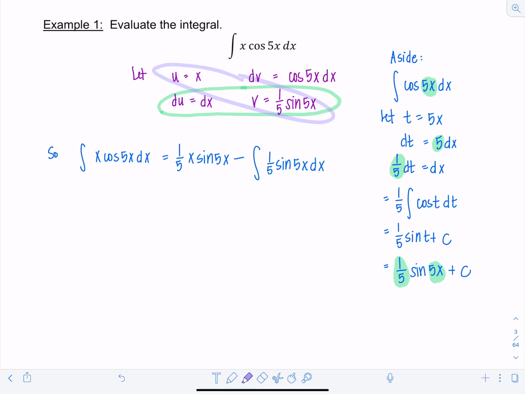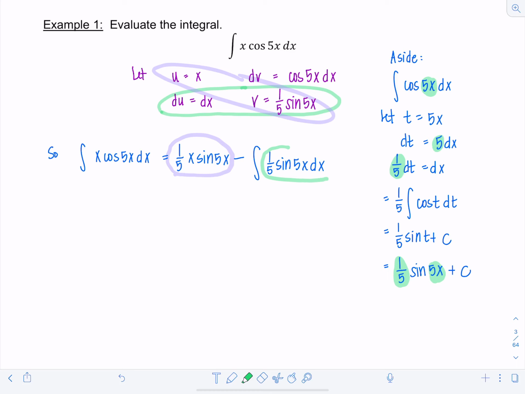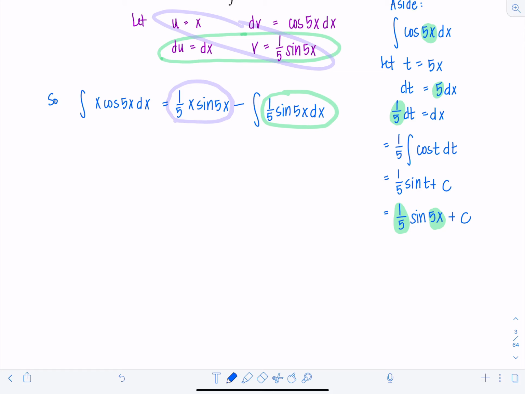Okay, so this is that first product, the diagonal one, and then you integrate the bottom row's product. Okay, almost there. So 1/5 x sine 5x, that's done.